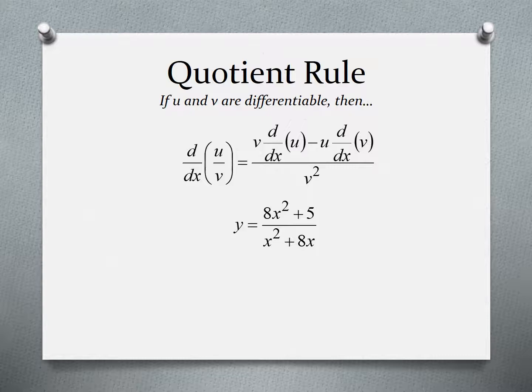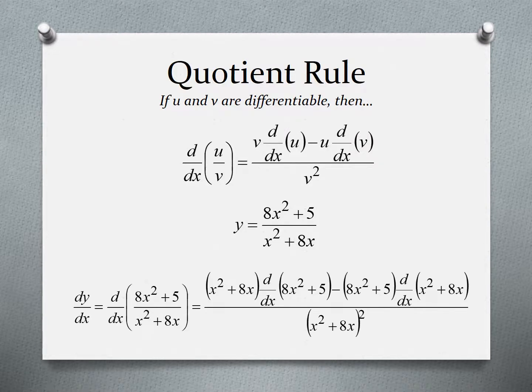And so we just recognize u as the numerator and v as the denominator, and then we plug those in to our formula. And so just notice the first item here is simply saying we're going to differentiate. We want the derivative. I often write this as y prime. It just sort of lessens the work.